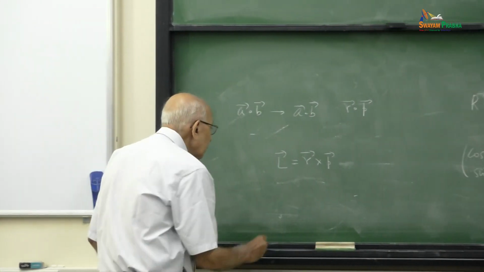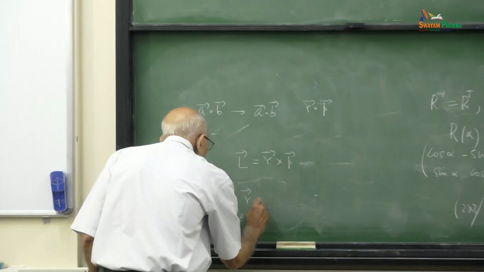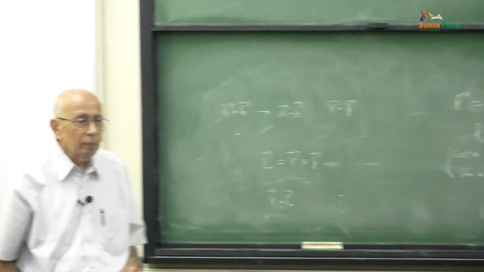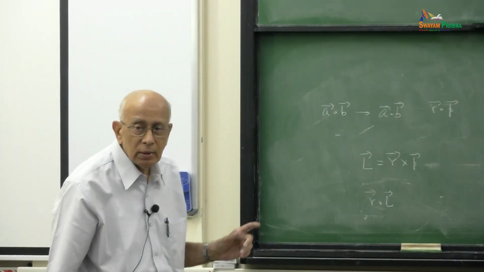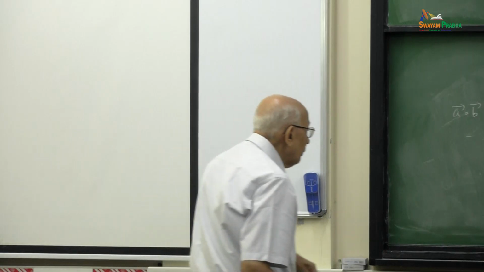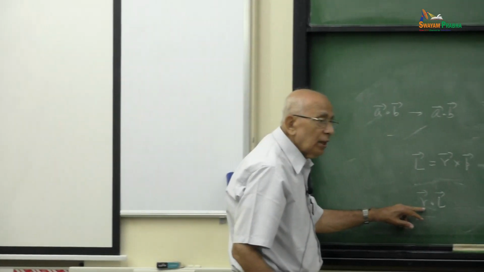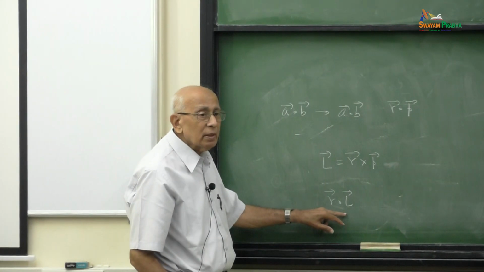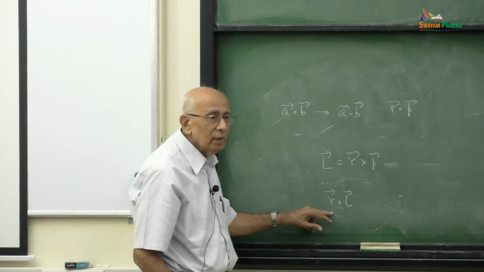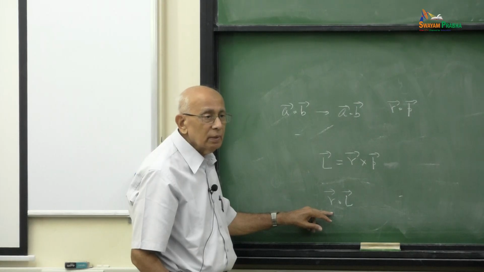Now look at what happens to this. What does that do? That's a scalar quantity, but what does that do under parity? This changes sign, this does not change sign, so the dot product changes sign, but it's a scalar. So it's a pseudo scalar.